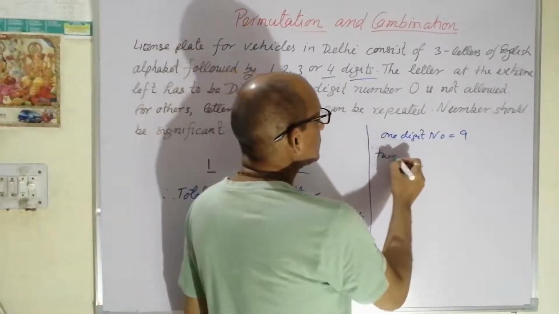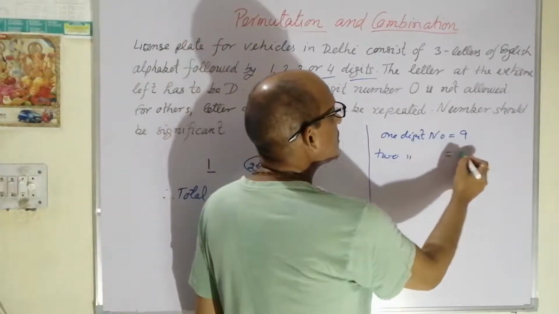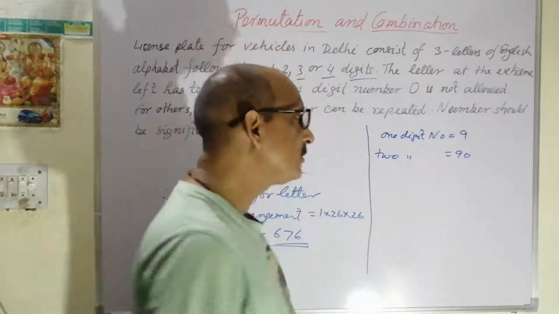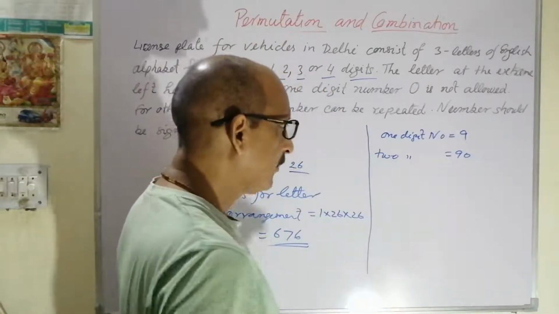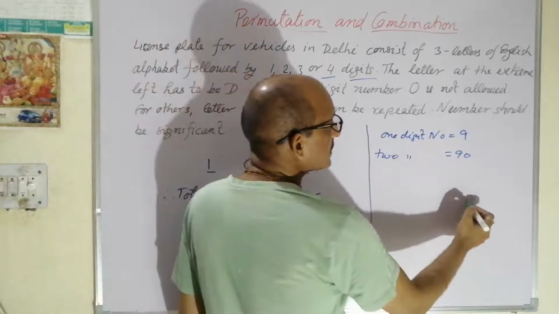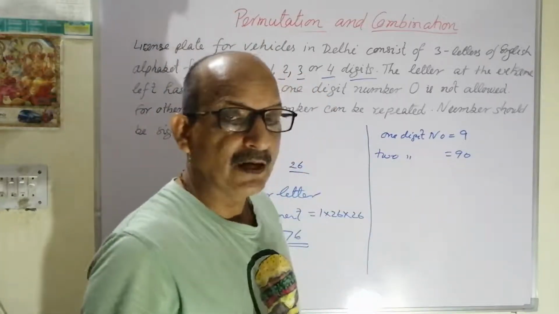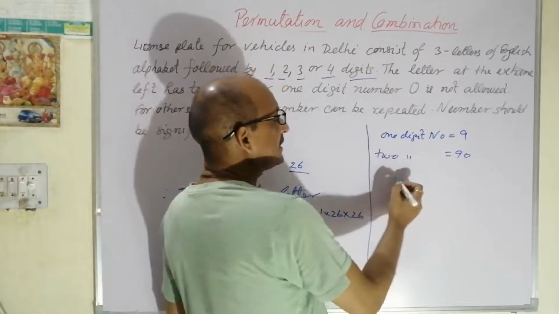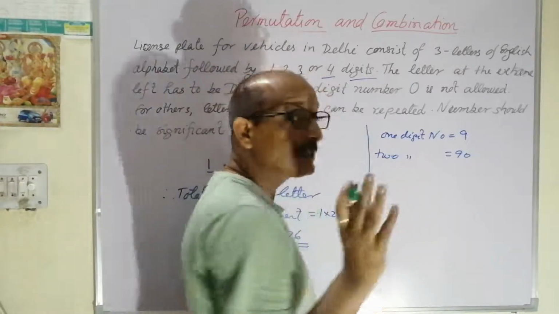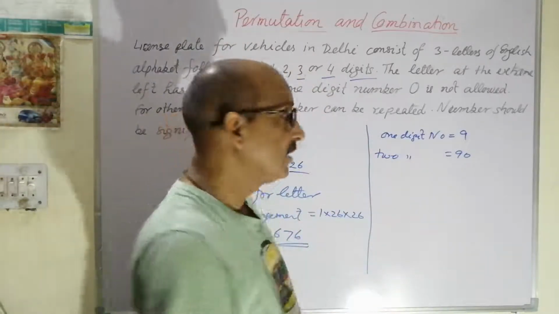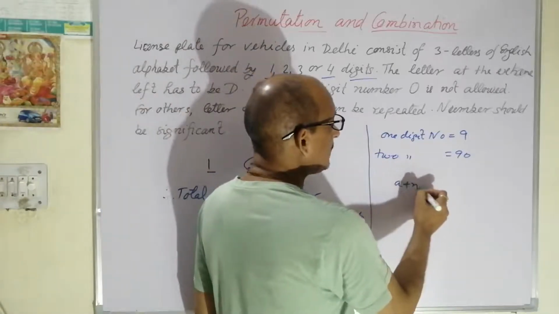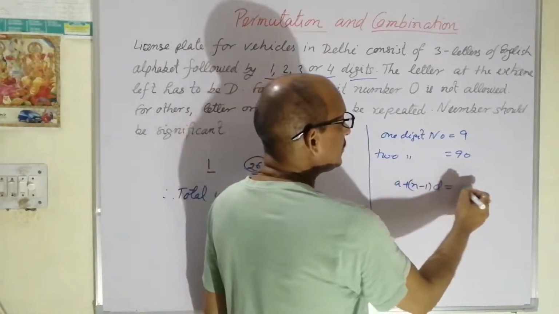Two digit numbers will be 90. How is it so? Let's see. For two digit numbers, we know the last number is 99. So we can apply here the concept of AP, arithmetic progression. The first smallest two digit number is 10. So we have A plus n minus 1 into D, that is equal to an.